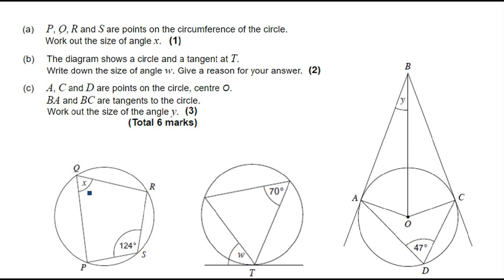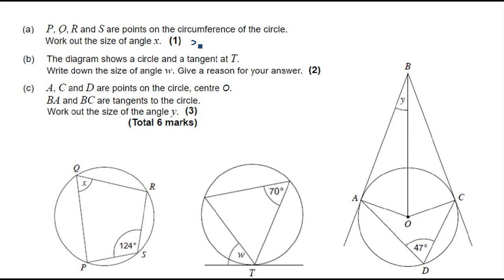So angle X is opposite an angle in a cyclic quadrilateral, and the angles in a cyclic quadrilateral sum to 180 degrees. Now we don't need to give the reason here, the theorem that we're using, but we do need to calculate the answer. So if we write down what we know, that angles in a cyclic quadrilateral that are opposite sum to 180 degrees.